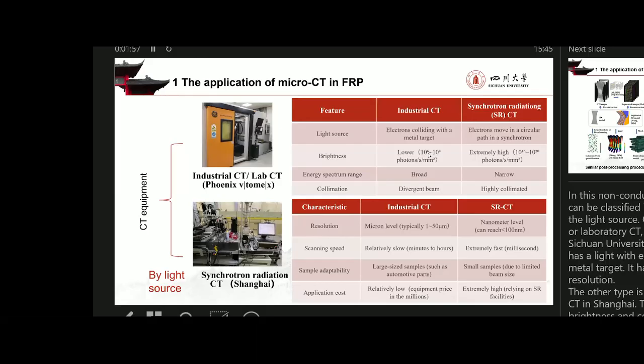Industrial CT has a lower brightness and lower resolution. Synchrotron CT has extremely high brightness and higher resolution, but the cost is extremely high.